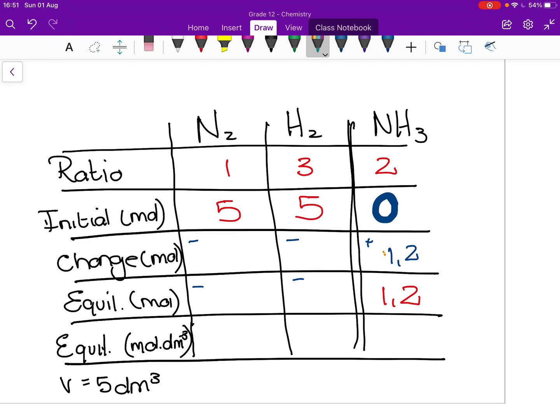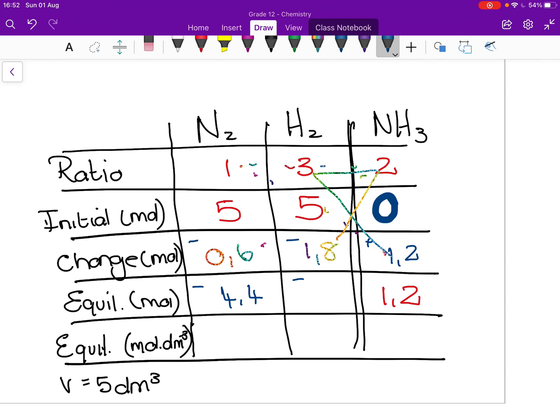So we're going to take 1,2 times by 1, divide by 2, and then we put the answer over here, which means this is 0.6. Then we've got to take 1,2 times by 3, divide by 2, put it over here, so that gives me 1.8. I had 5 moles, I used 0.6, so now I have 4.4 moles here.